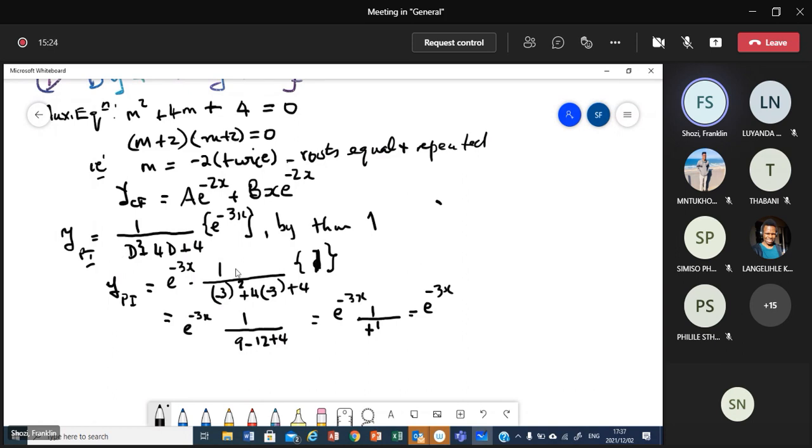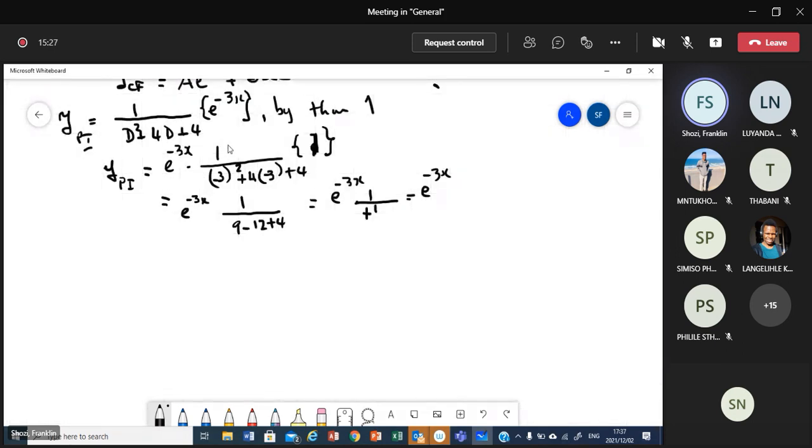Then your solution is the combination of the two. So our solution is y is equal to YCF, the one that you obtained earlier on, plus YPI.